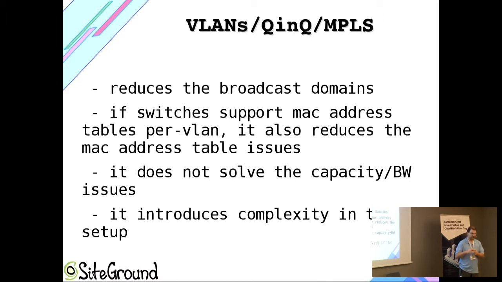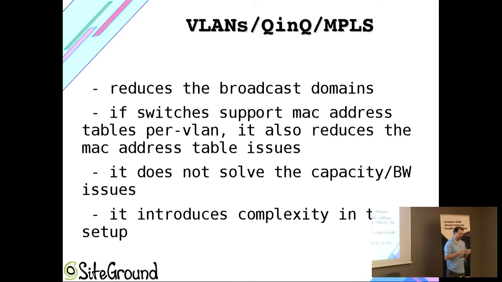And then there's MPLS, which most data centers don't provide directly. You can get MPLS from the telecoms, but inside the data center, MPLS is a more exotic thing, so you cannot ask for that directly.